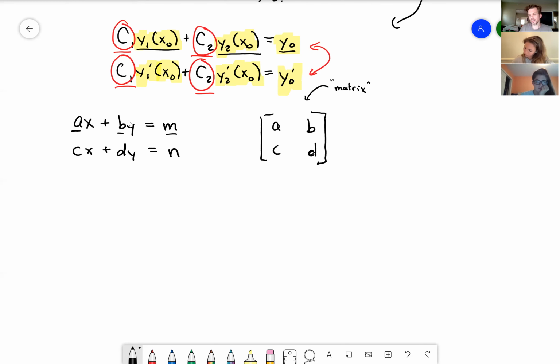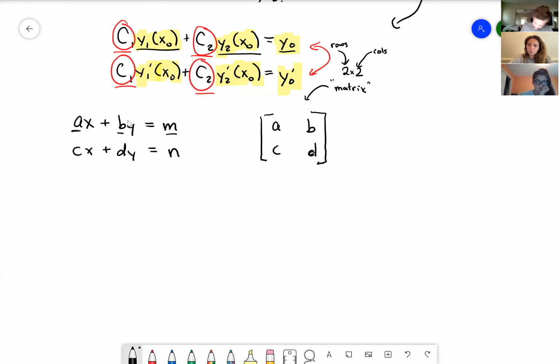This is just a rectangular grid of numbers, in this case square actually. So this is a 2 by 2 matrix, where the first number refers to the number of rows, and the second number refers to the number of columns.